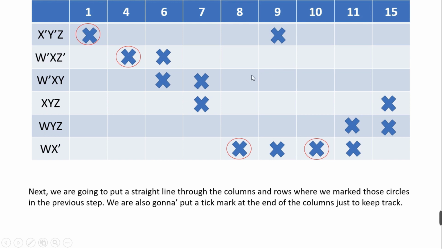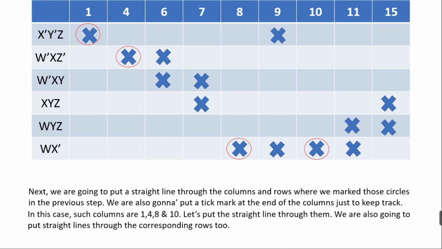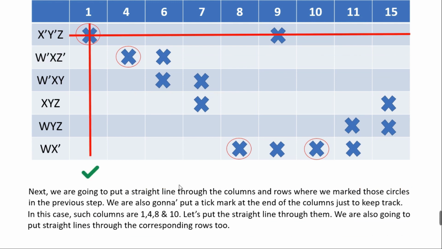In our case those columns are 1, 4, 8, and 10. You can see that for the first circled element, I have put a straight line through the column and also a straight line through the row.